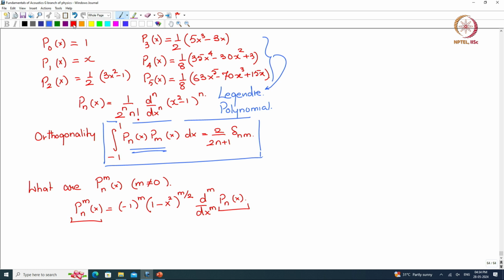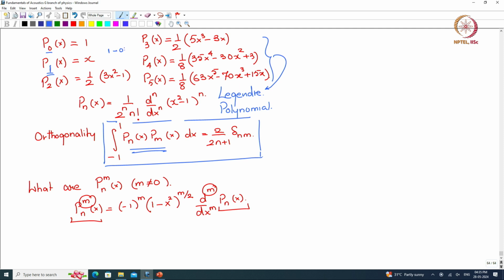Okay, so when you have an m over here, it's the mth derivative of the regular polynomial. So if this is, let us say, 1, P1 of x is x. I take one derivative and it's a constant, 1. Second derivative, it goes to 0.